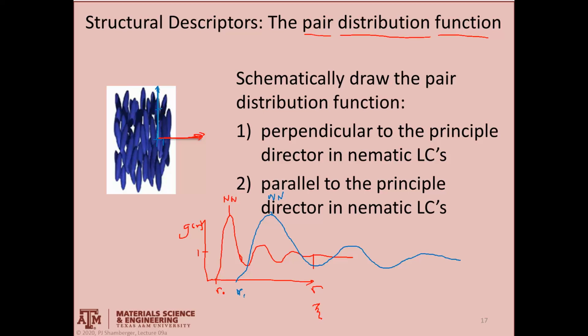So this is my overlap, the hard sphere radius essentially, and the nearest neighbor direction along what we call the principal director. That's basically the vector that is lying along the direction that all these mesogens are pointing.